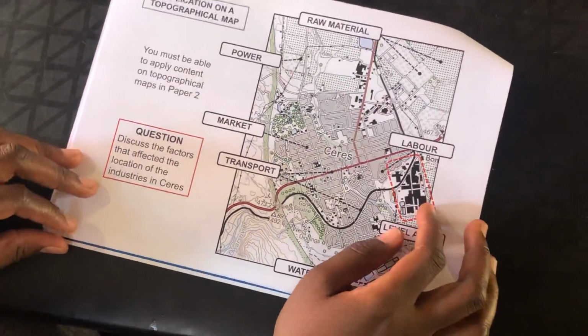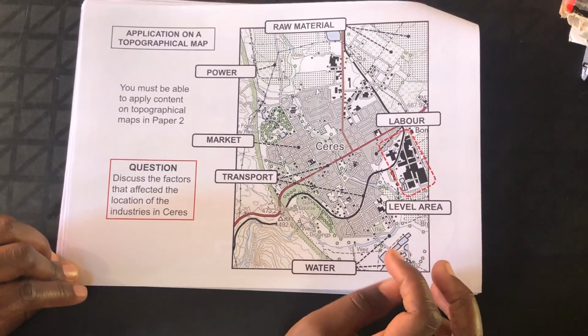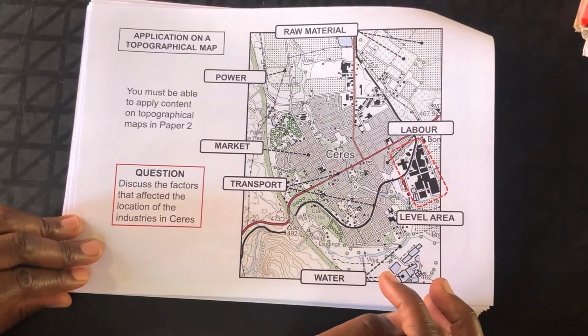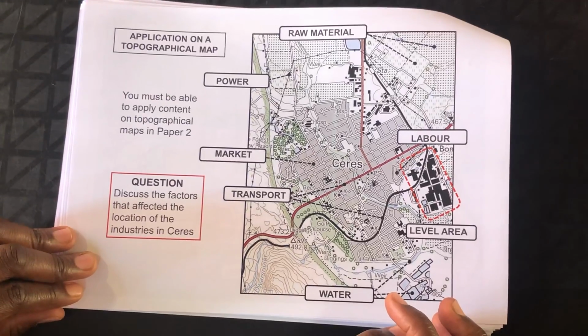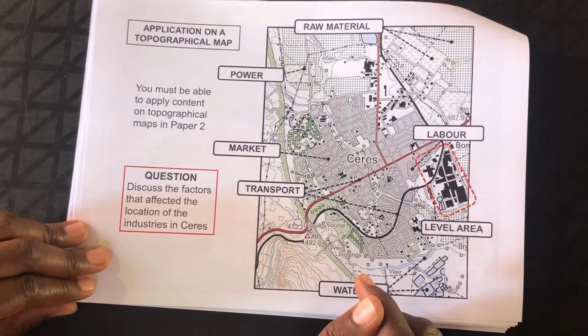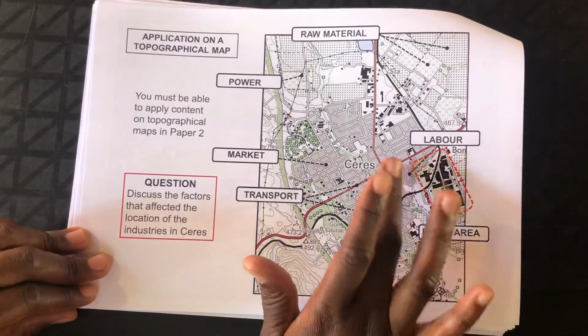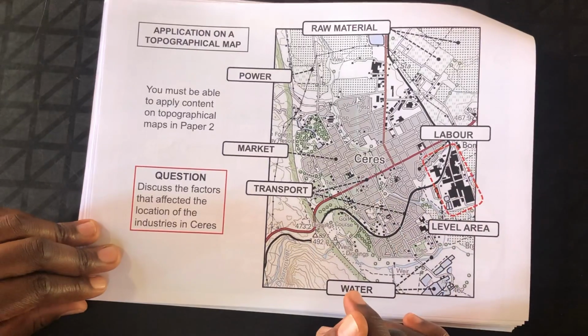So in the examination, you know that you can apply this in terms of your map work there. You can apply that, like we are discussing here. What could have influenced the location of the industries?